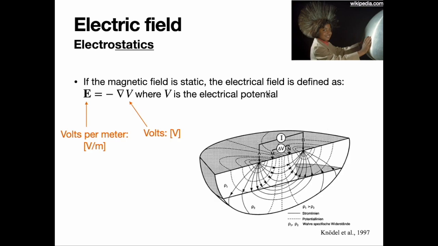Of course, E has components in volt per meter, and potential has unit volts. As you could see already on last week's picture, you have the electrical field, directions of current flow, and the potential is orthogonal to it. So there's an orthogonal relationship because one is the gradient of the other.